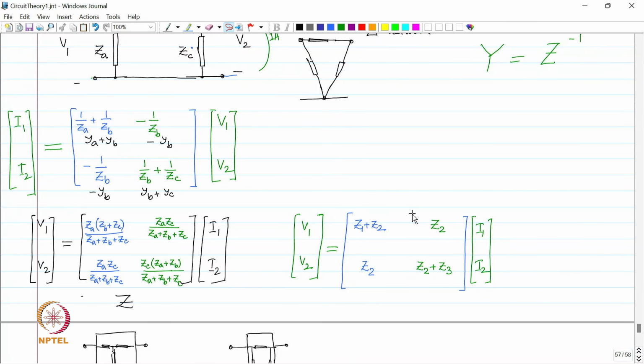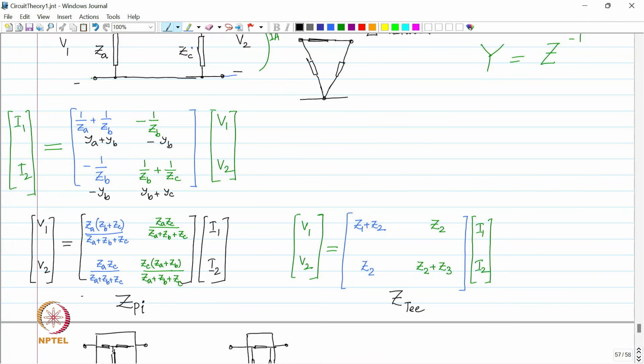So, this is what I had. Okay. Now, you do parameter by parameter comparison.